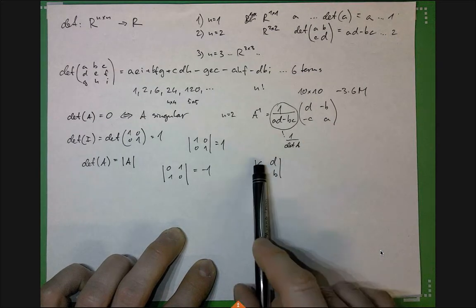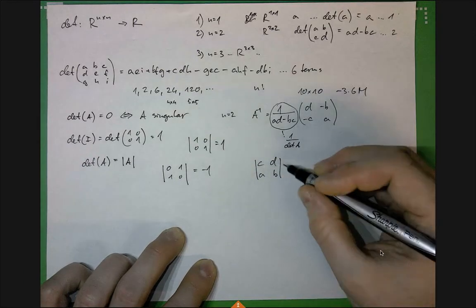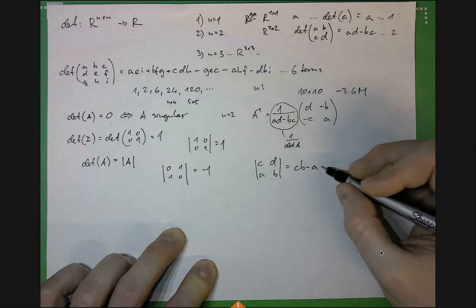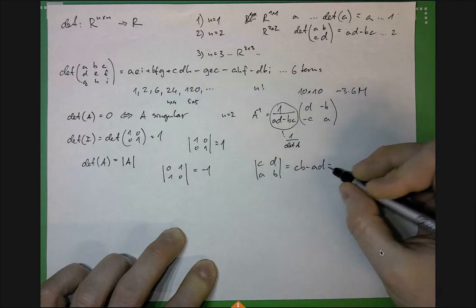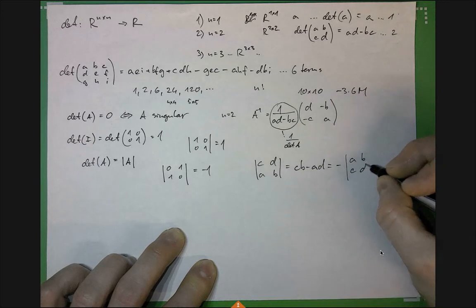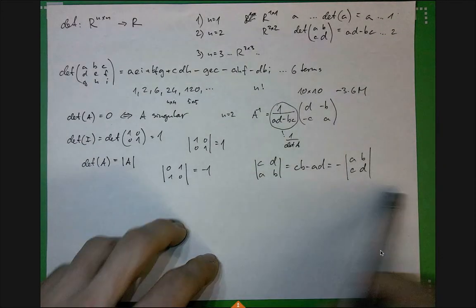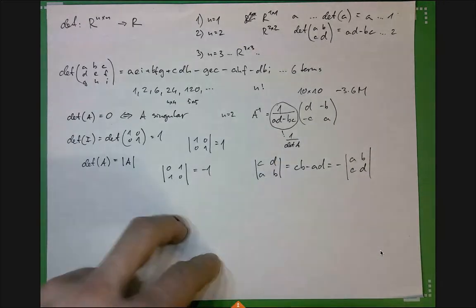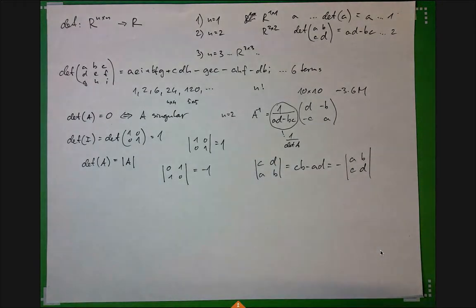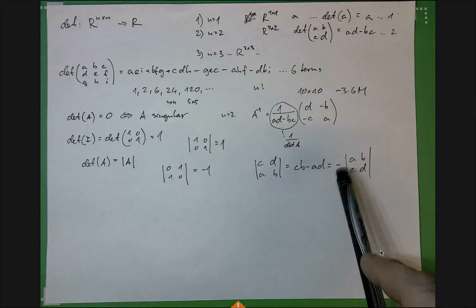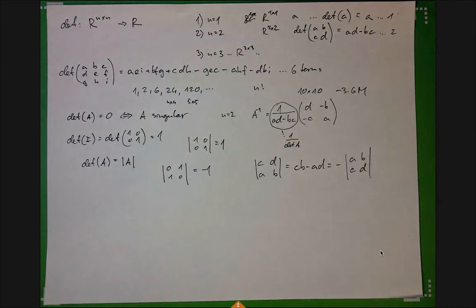So I do first CD and then AB. So my determinant is going to be CB minus AD, which turns out to be exactly minus the determinant of AB, CD, right? So for 2x2 matrices, this works in general. If I flip the rows, or equivalently the columns, I would find the same thing. The only thing that changes is the sign of the determinant.